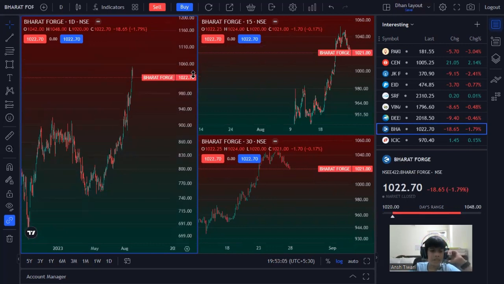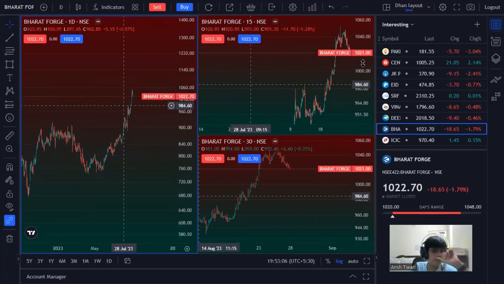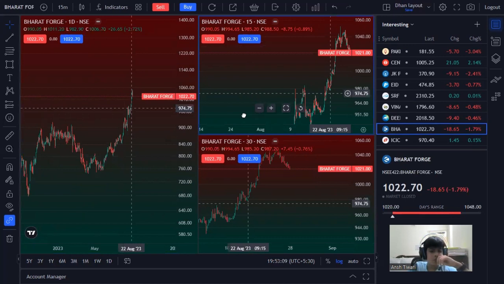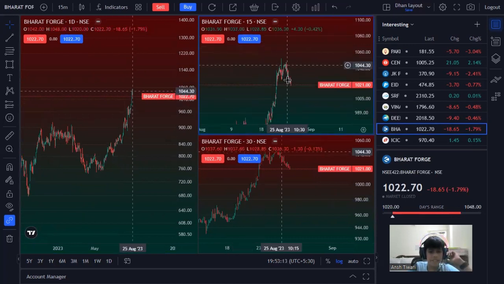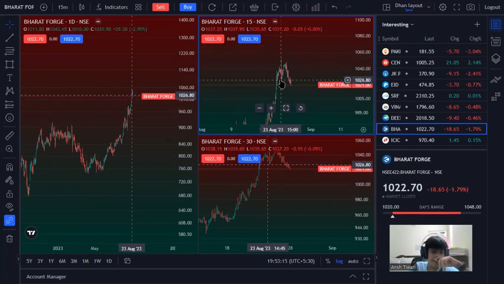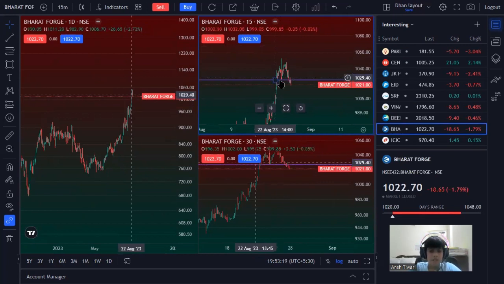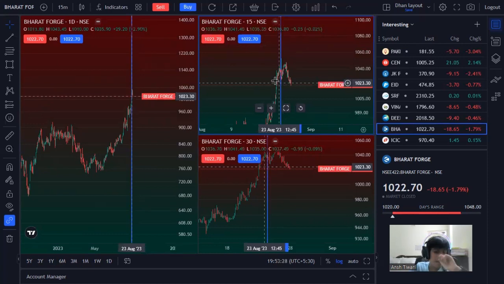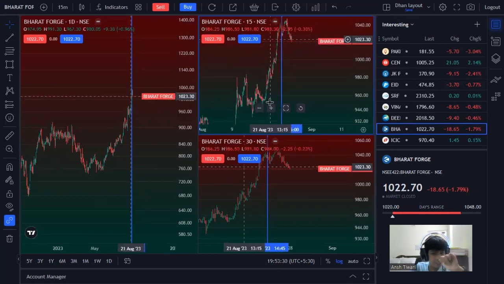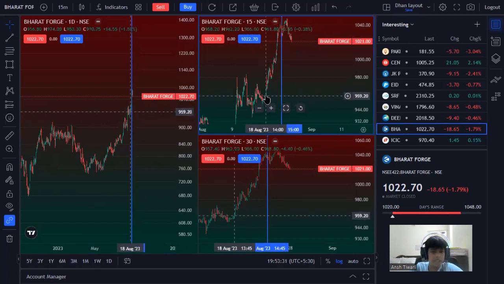As you can see, Bharat Forge has been very bullish lately. I think I had a trade, let me check. Yes, I had a trade and then I squared it off over here. I bought, sorry, wrong button. Okay, I sold a trade here. And my trade was around here or something while the markets were going upwards.